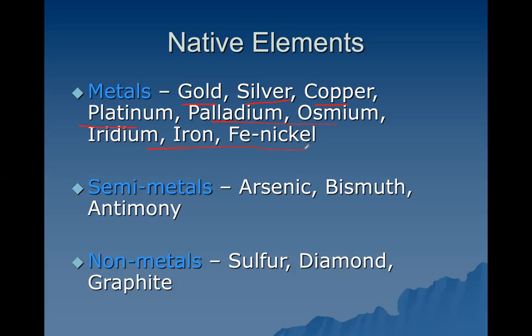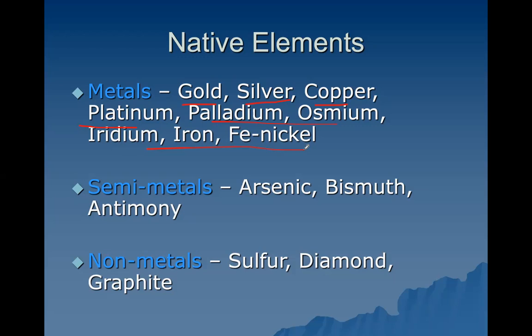Native elements are the resources which occur as pure elemental form. Then you have semi-metals, as I mentioned: arsenic, bismuth, antimony, likewise. D block elements also come under this. And then non-metals.